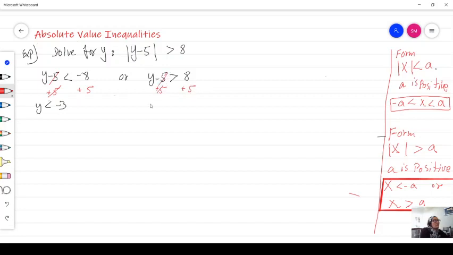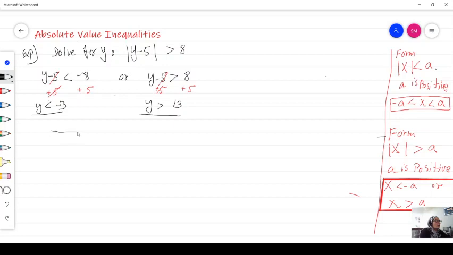Cancel and cancel. And I'm left with y greater than 13. So these are my two answers right there. Now, what does that mean? The solutions are all numbers y such that y is less than negative 3 or y greater than 13.